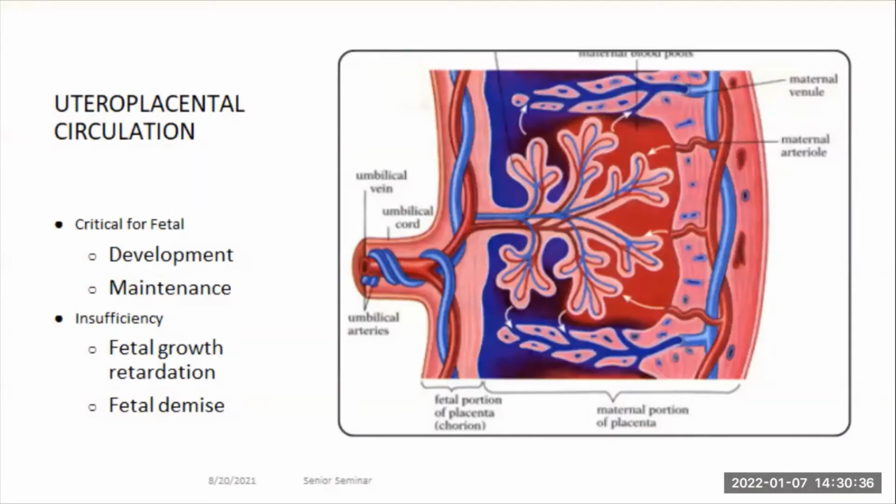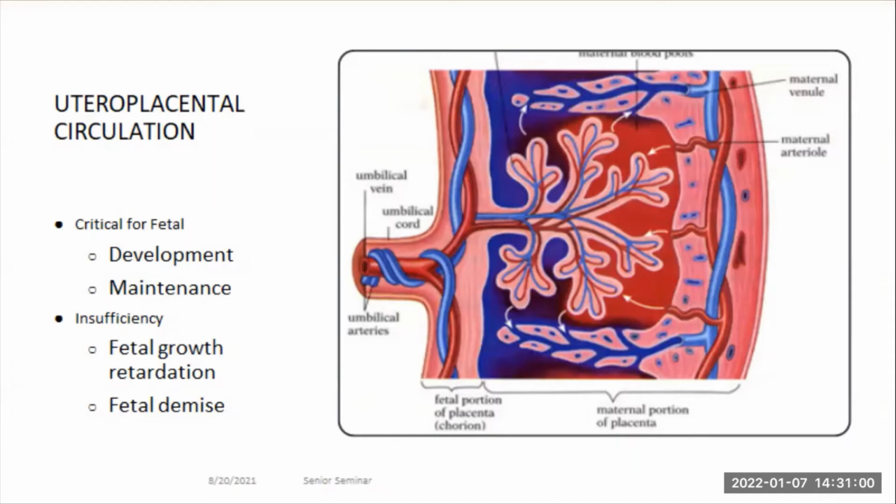And this diagram is showing us the uteroplacental circulation, how blood flows from the mom, from the uterus, to the fetus during the whole gestation period. This is very critical for the development and maintenance of fetal well-being.